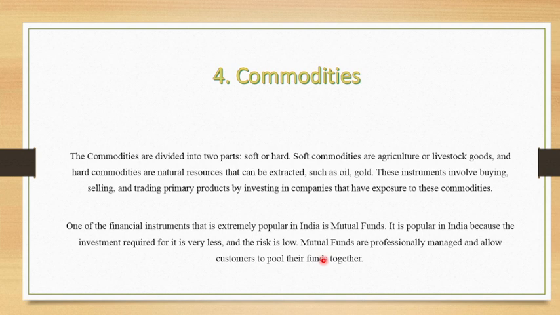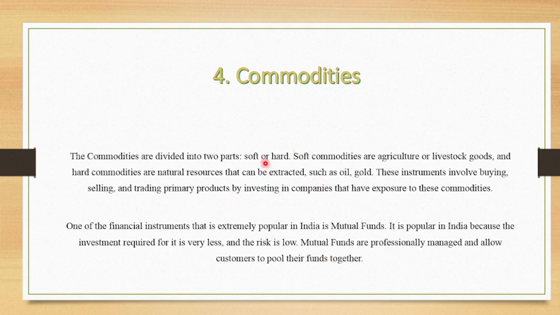Now, in soft commodities, we have an example such as agriculture or livestock goods, and in case of hard commodities, we can have an example like natural resources, which are extracted such as oil, gold, etc. Now, this is all about the commodities.